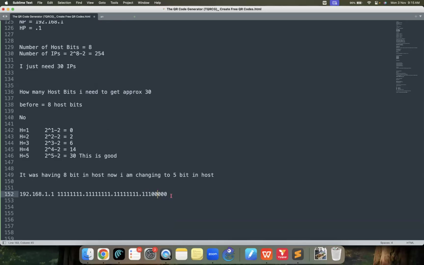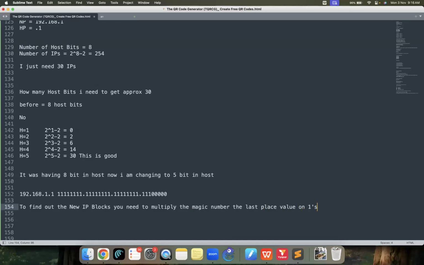Okay. Now, to find the new IP blocks, you need to use the magic number, the last one's place value.